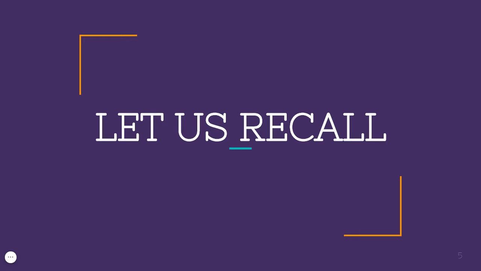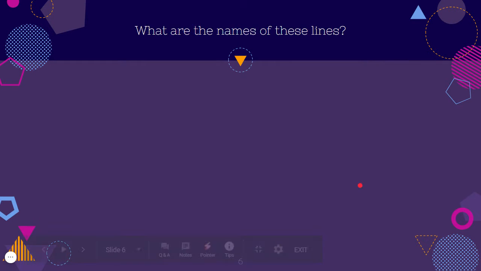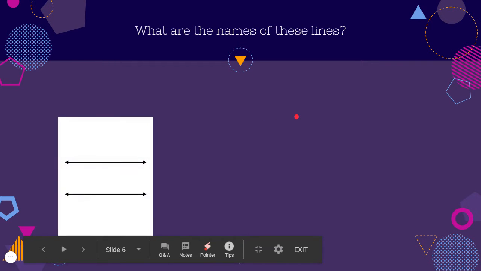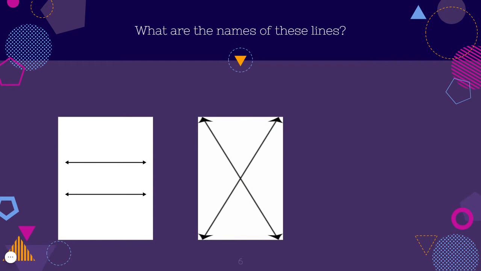First, let us recall some important concepts. First, let us see what are the names of these lines. You can see the first diagram, the first picture on your screen. You need to guess which type of lines are these. And now, we are going to see another picture where you can see two different kinds of lines over here.